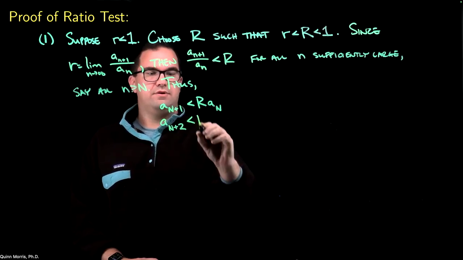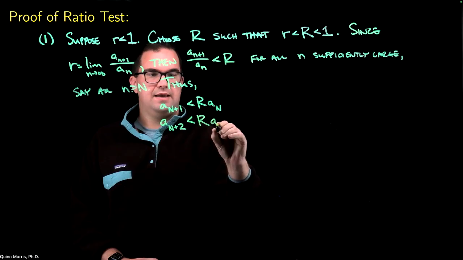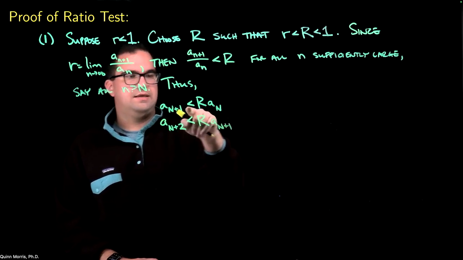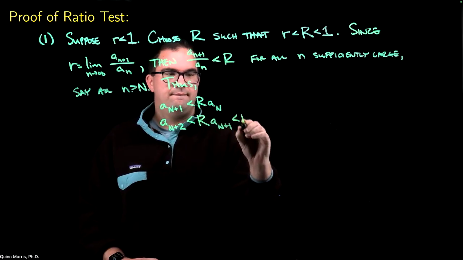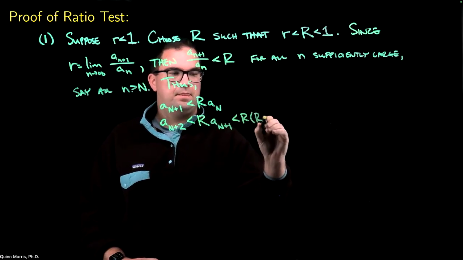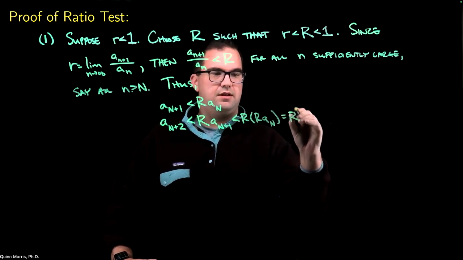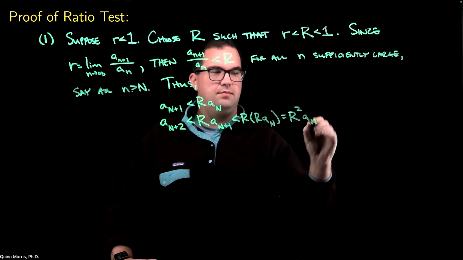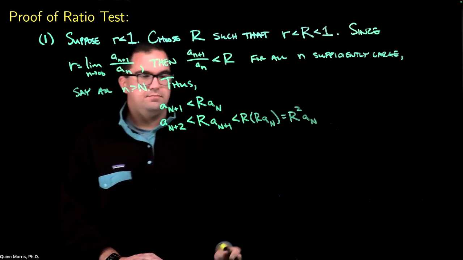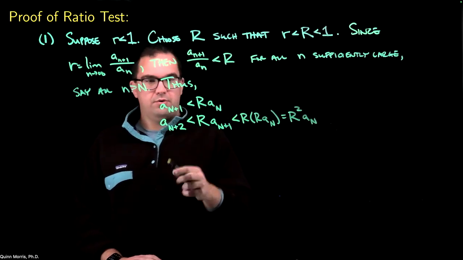Okay, and then multiplying over, this would be less than r times a sub capital N plus 1. But a sub capital N plus 1 is less than r times a sub N, so this is less than r squared a sub capital N. Okay, and we can keep doing this, right?